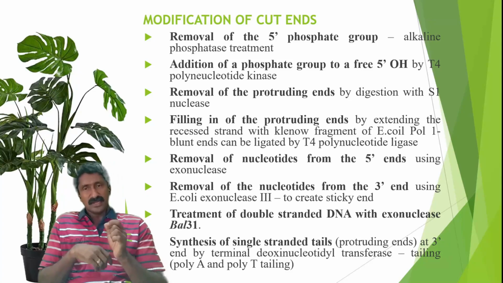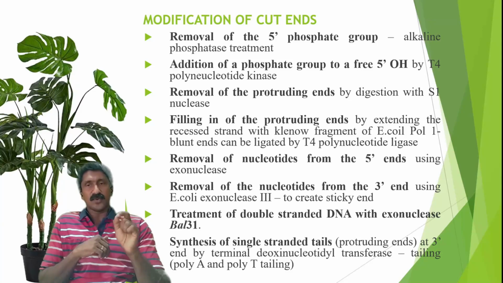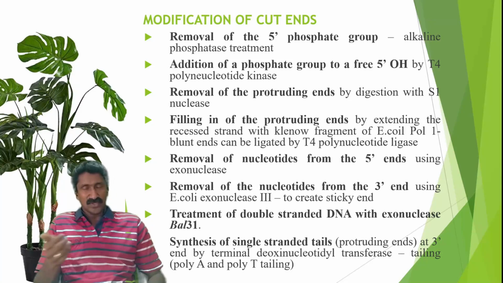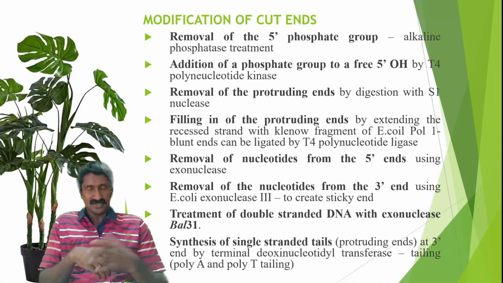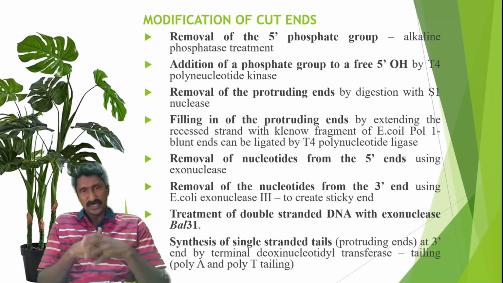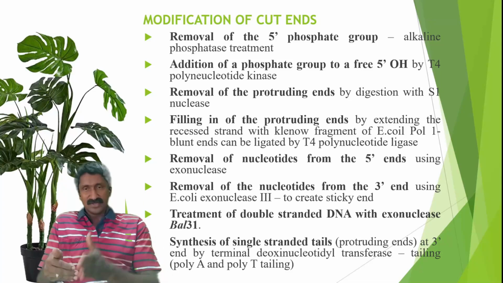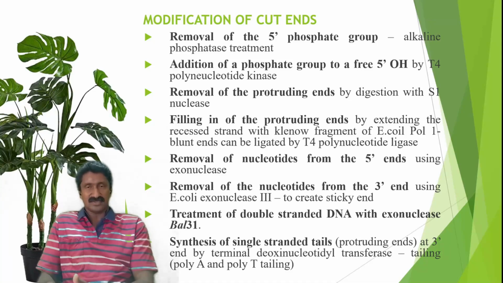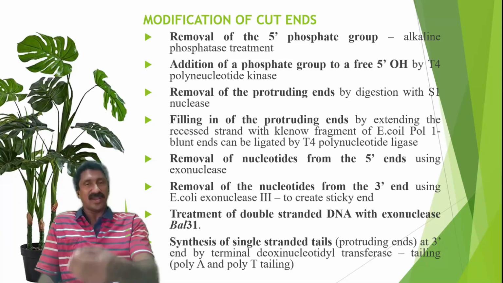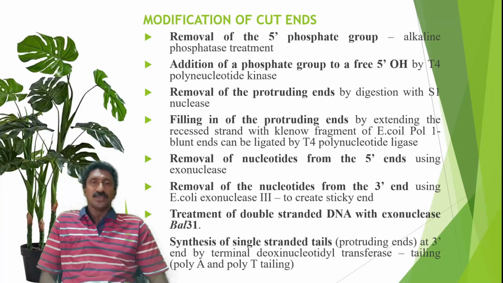And another one, addition of a phosphate group to a 5' OH by T4 polynucleotide kinase. If you remove the phosphate, then you need to add that 5' phosphate again before using it. So you can prevent further joining of the strand by removal of the 5' phosphate, but if you want to use it again, you need to add it back. For which you can use T4 polynucleotide kinase.